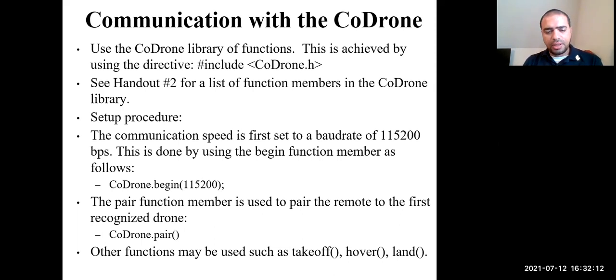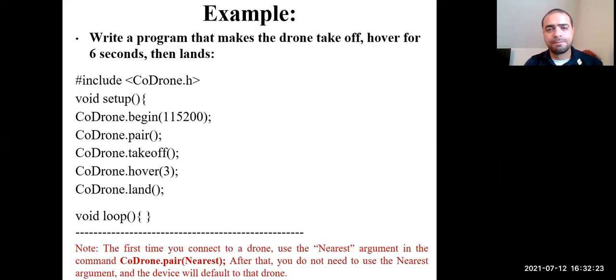Other functions may be used, such as takeoff, hover, land, and other functions, as you can see on the manufacturer website. So this is the example to write a program that makes the drone take off, hover for 6 seconds, and then land. So let's do this program here.